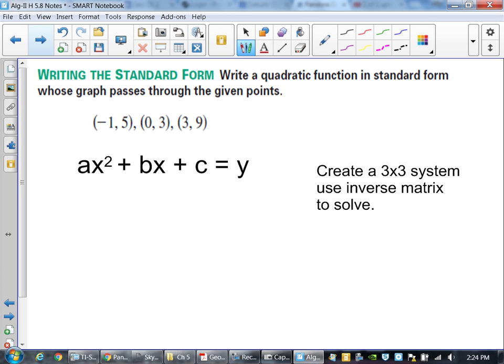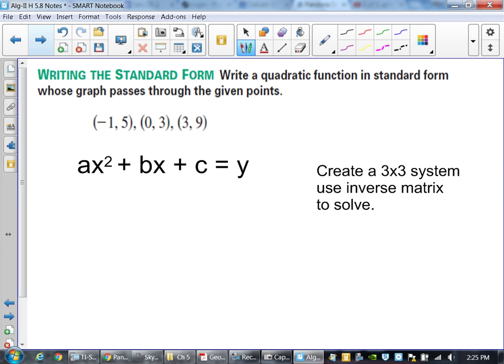And then the first one, vertex, yeah. Here's your intercept form. And then obviously standard form.